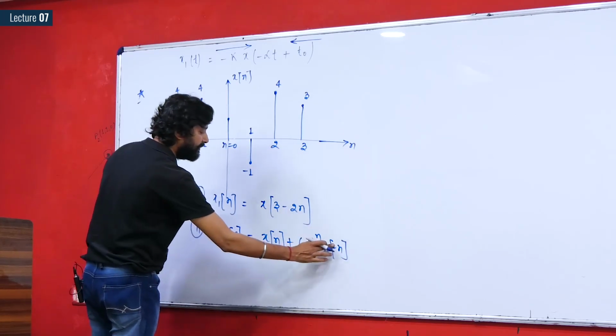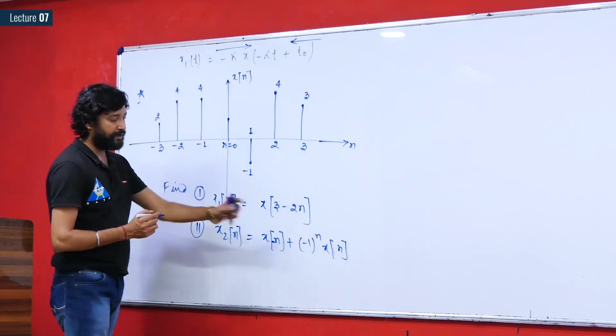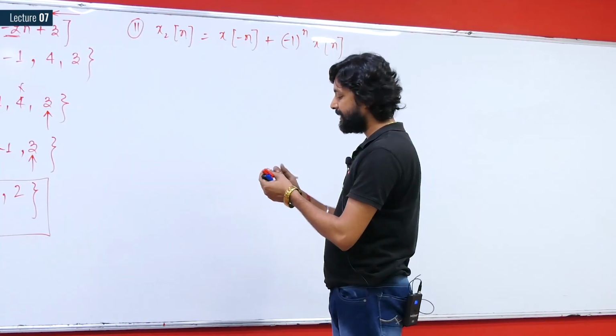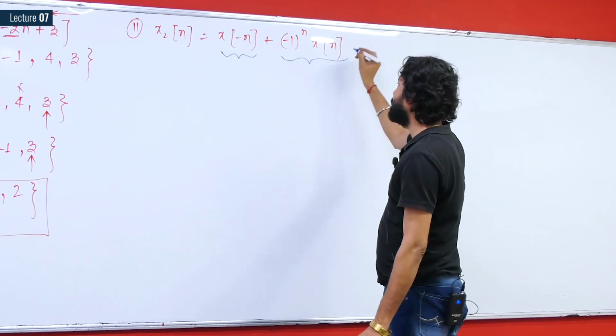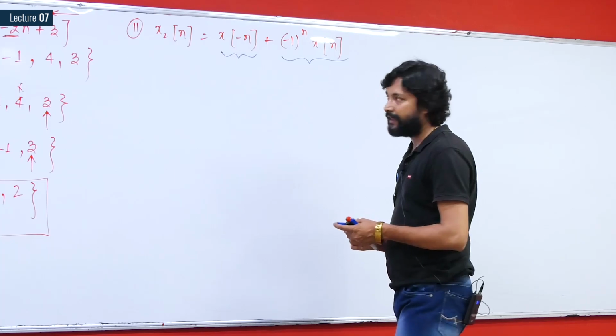Or we can take x of minus n and plus minus 1 to the power n x of n. x2 of n can be considered to be sum of two signals. First you find this signal, then you define this signal values, then you have to find the sum of corresponding samples of x of n.